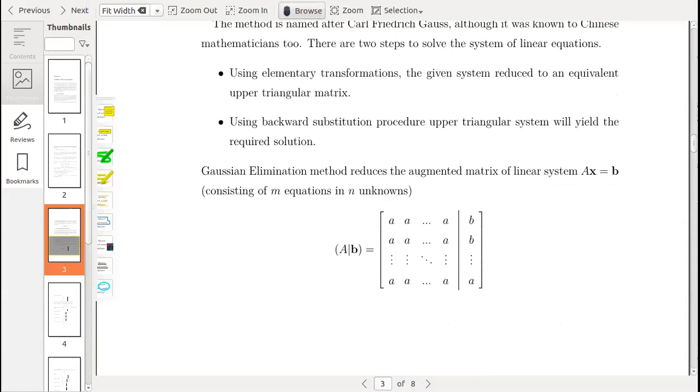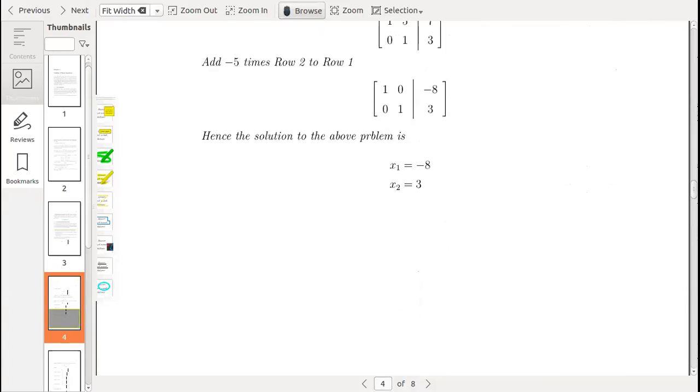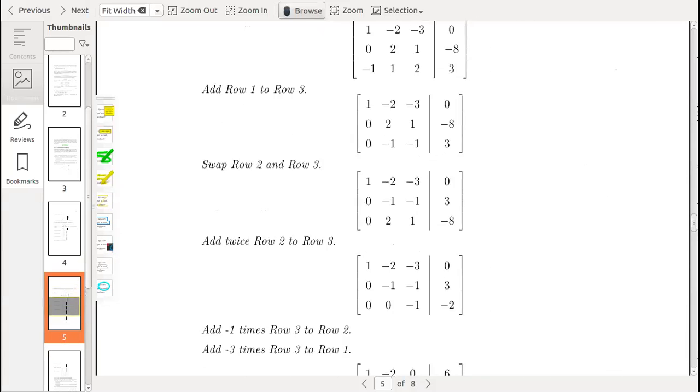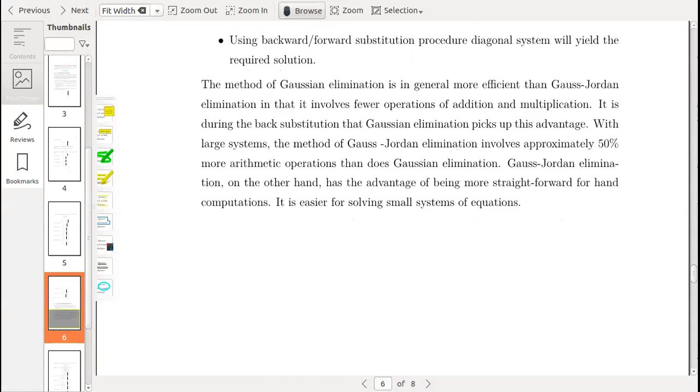And in the second step, in the Gaussian elimination method, we use the backward substitution procedure, and in the Gauss-Jordan method, we can use backward and forward both. So that is the main difference.